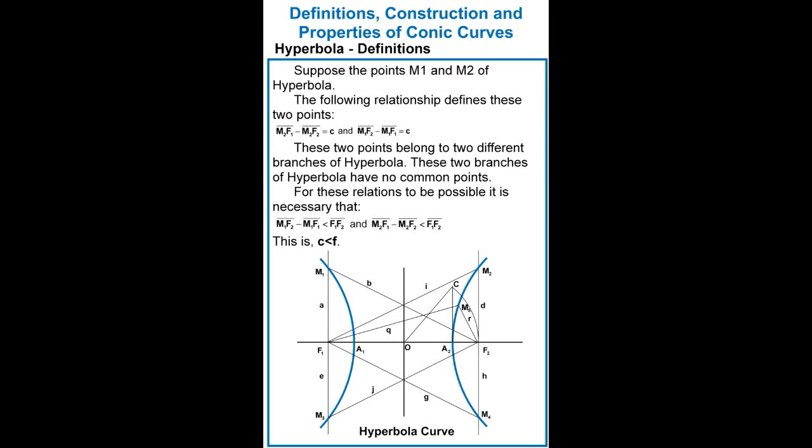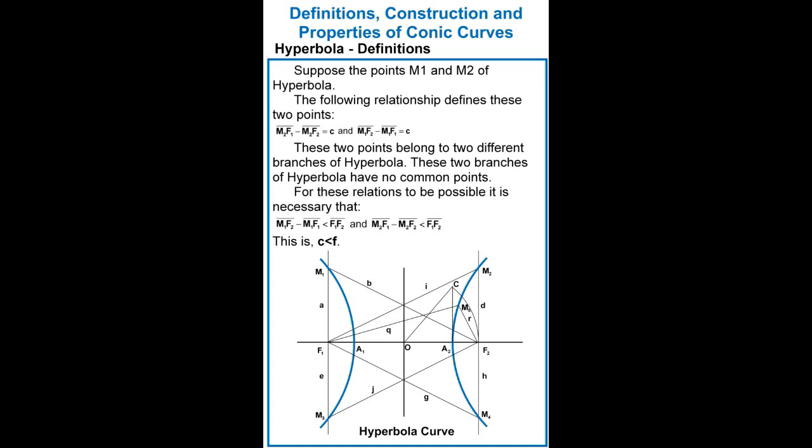In this fourth slide of this second class of Chapter 7, the presentation of the characteristics of the hyperbola continues. Let there be two points of the hyperbolic curve, M1 and M2.